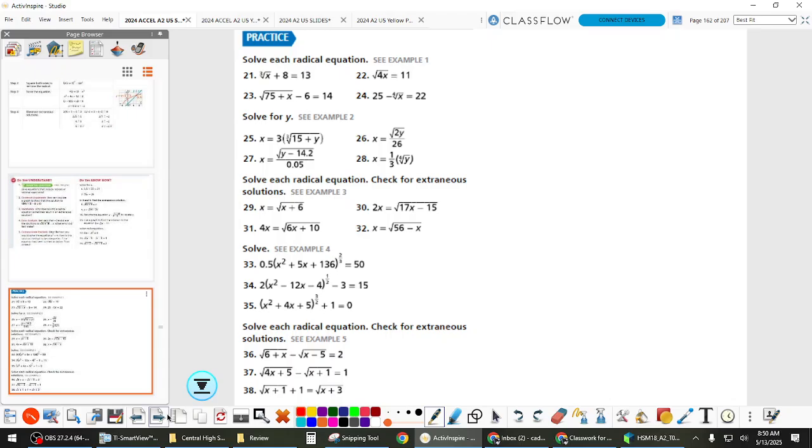Do we have any good ones? Maybe just have some on your paper. They're all kind of 38 looks, it's a little better. Well, actually all three of those. Do you want to do one on the board or just work on the ones on the paper? Okay, so you're going to do 35 to 38 right now.